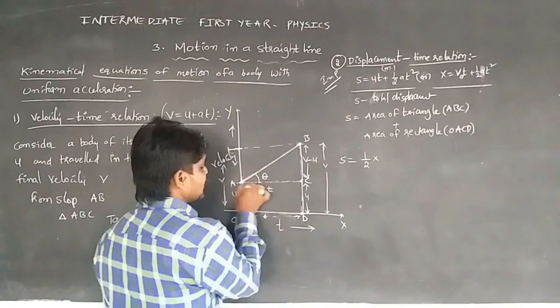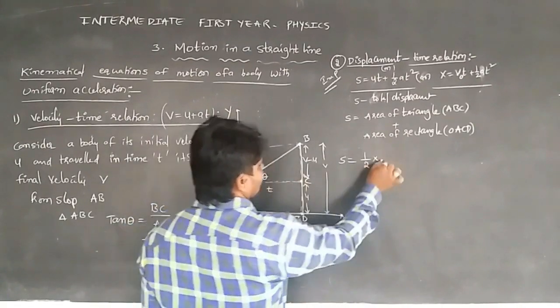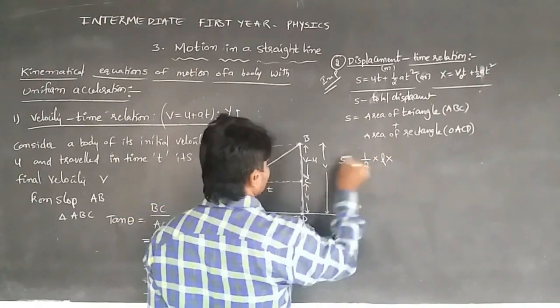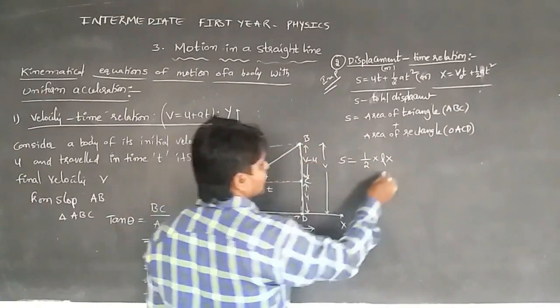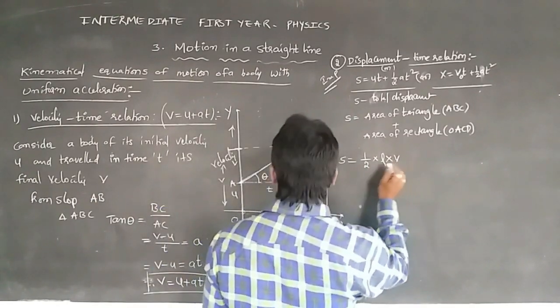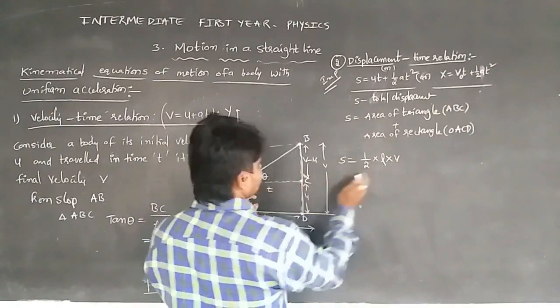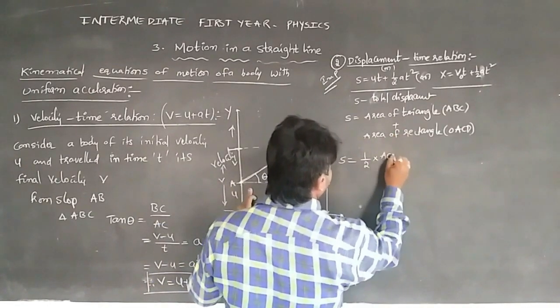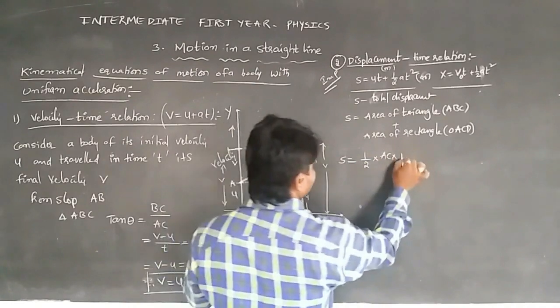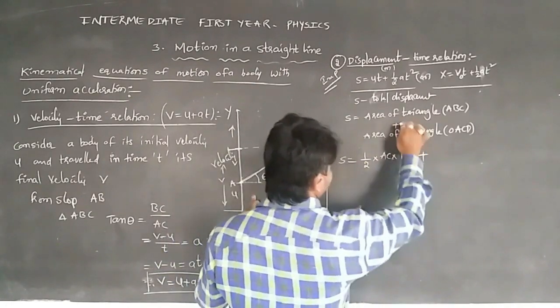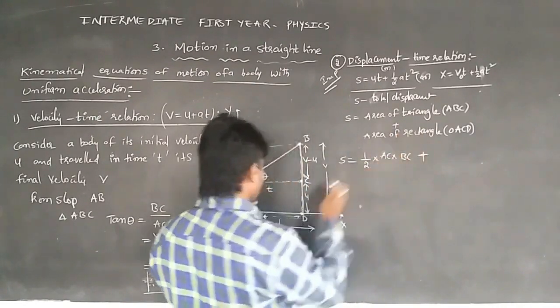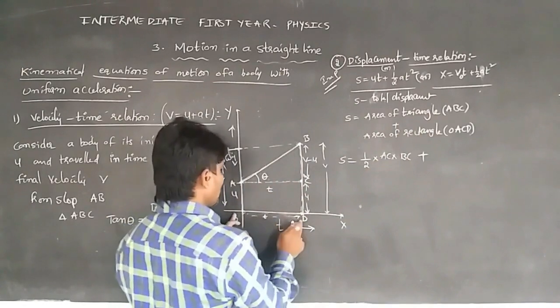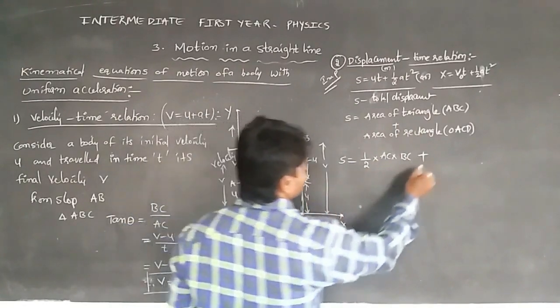into breadth, which is BC, that is V minus U, plus the area of rectangle, length into breadth, which is OD into CD.